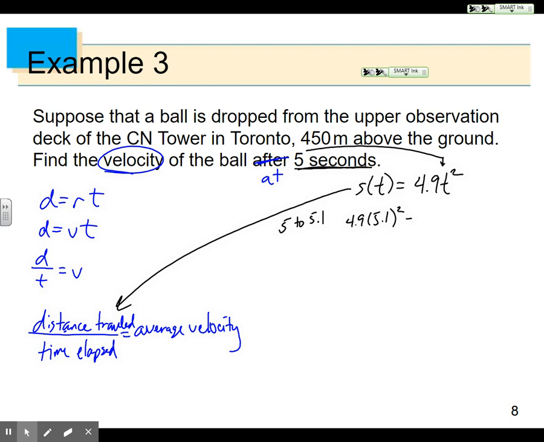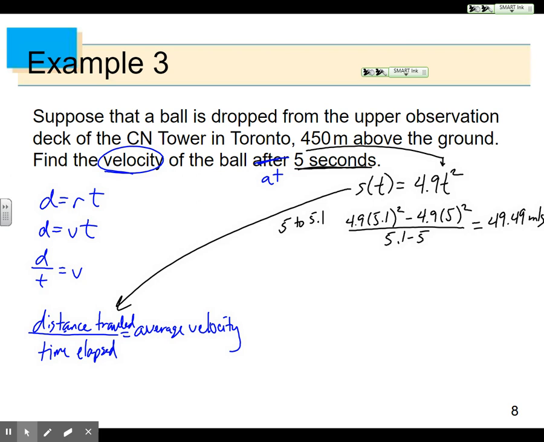And I'm going to subtract off where the ball is at 5 seconds, and just plug that in. And if I divide that by the amount of time that's elapsed from 5 seconds to 5.1 seconds, it will tell me the average velocity. So I've got this to come out to be 49.49 meters per second.